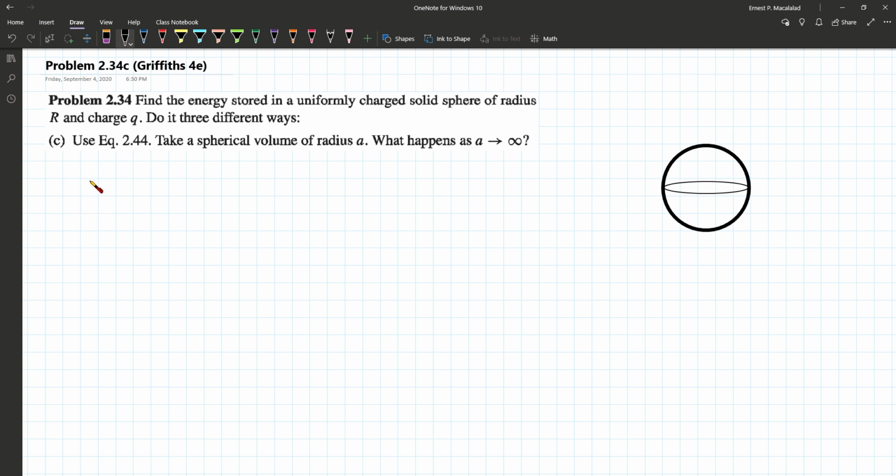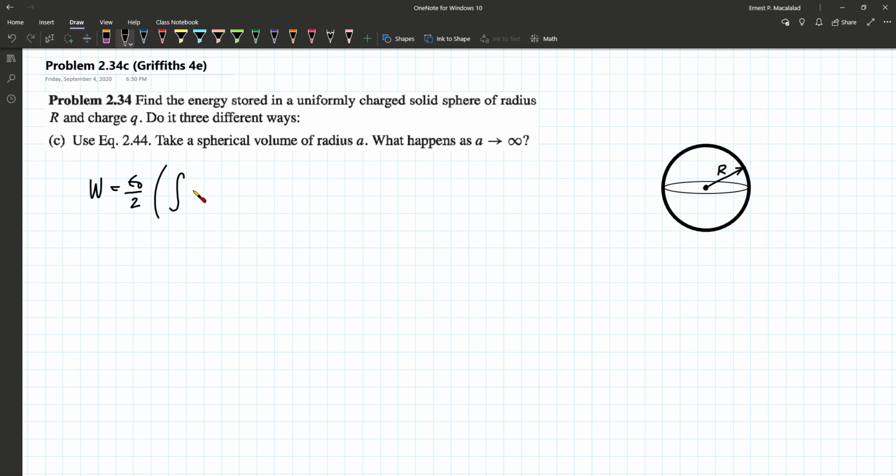Equation 2.44 states that the stored energy of this charged solid sphere of radius R is given by epsilon naught divided by 2 times the integral of a combination of two terms.